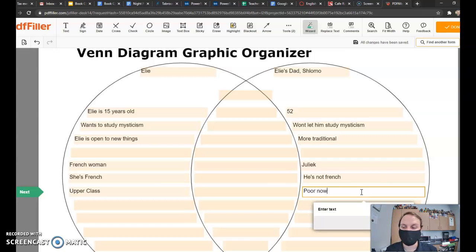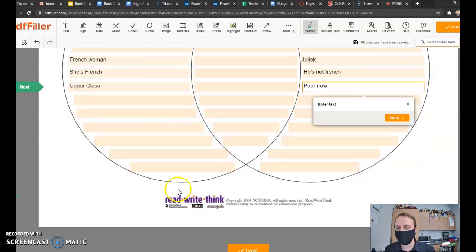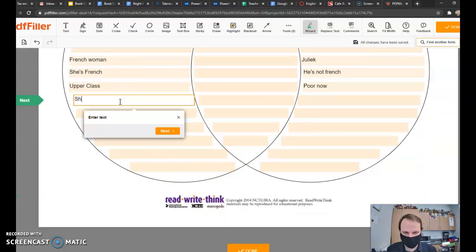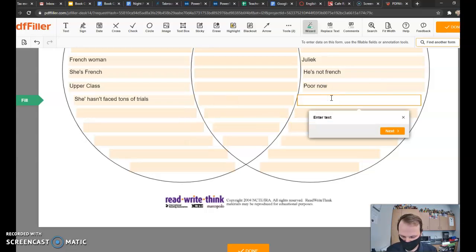He's definitely experienced some things, right? He learned violin, so maybe he was middle class, or he could have been lower class. But the difference between them is actually that she hasn't faced tons of trials. Juliet has had to fight for his life.